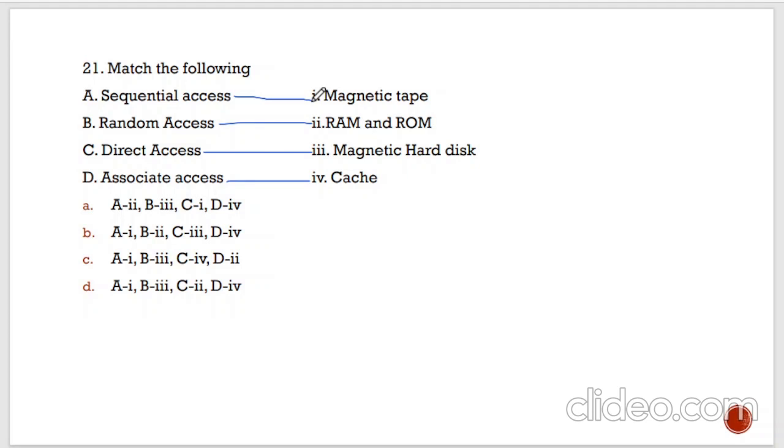In order to access some data, first the first memory cell will be accessed, then the second memory cell, then the third memory cell. Likewise, it will continuously access the data until it gets the required data.